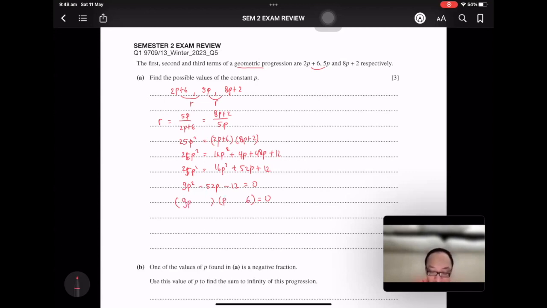So this is 6, and this is 2. So 9 times 6 is 54. So minus 54 plus 2 to become negative 52. So p equals negative 2 over 9, and in here p equals 6.